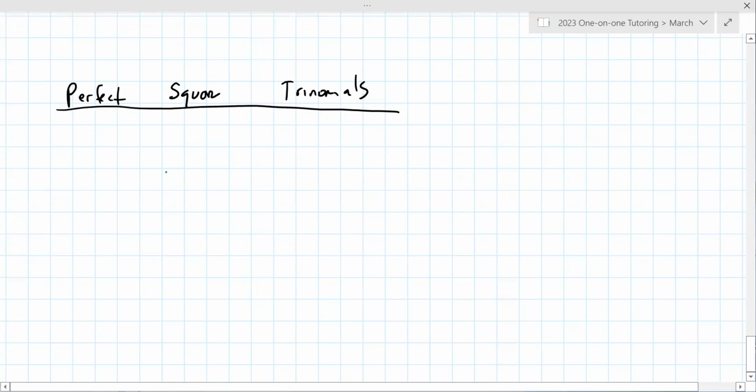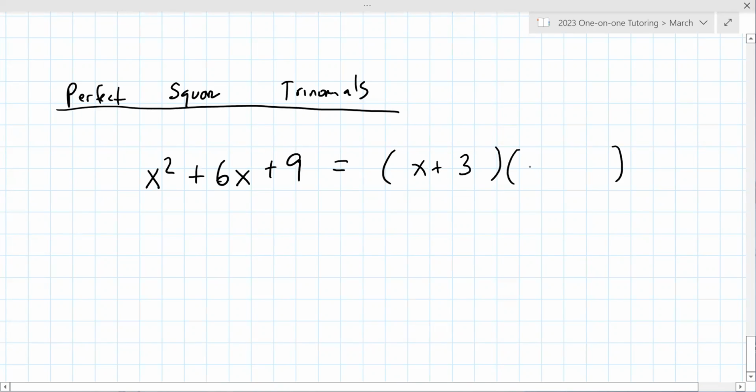All right, so I'll give you an example one. Let's say it's x squared plus 6x plus 9. So this becomes x plus 3 times x plus 3. And the thing that's really similar to the previous ones is you have to take the square root of this last one. The square root of 9 is 3 and 3.